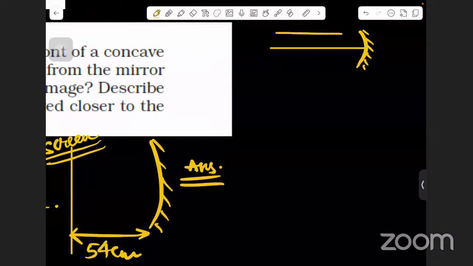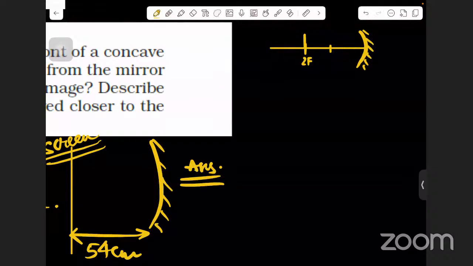While the object is at infinity, you will have the image at the focus. Now, if the object is somewhere beyond the radius of curvature, the image would be between the focus and the pole, right?